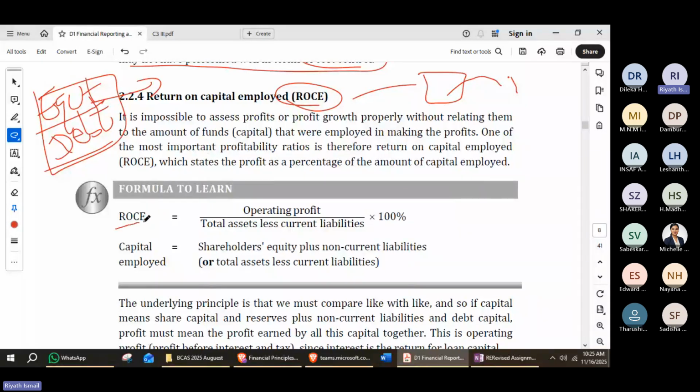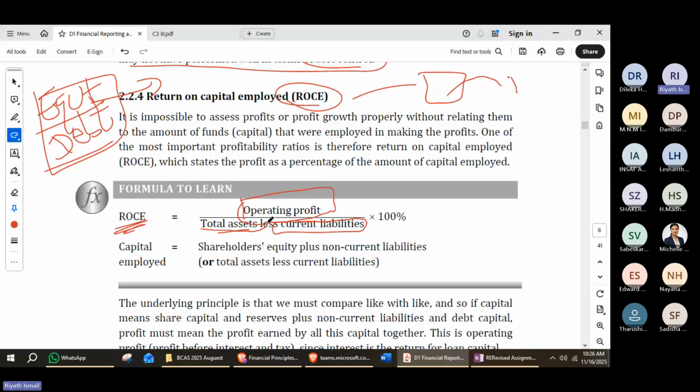So the return on capital employed formula is operating profit over total assets minus current liabilities, right? Normally we consider capital as long-term investment, long-term equity plus long-term loans. We do not consider current liabilities as they are working capital.